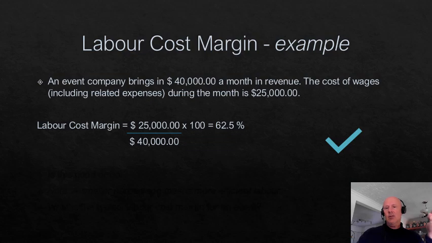CPP, employers contribute 100%, and that's the way it is in Ontario, and 140% for EI. So it's not just the money that's being paid to the employee as gross wages. So let's say that's the case. We're going to take the smaller number divided by the larger number and times 100 to get a percentage. 62.5% is the example for this.